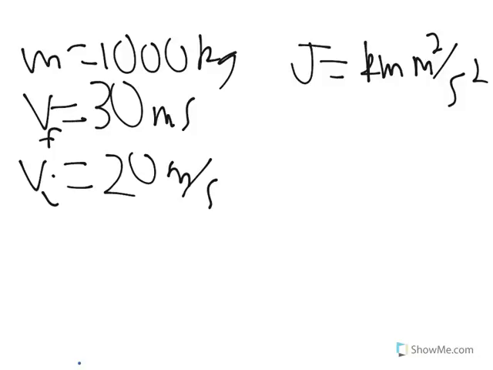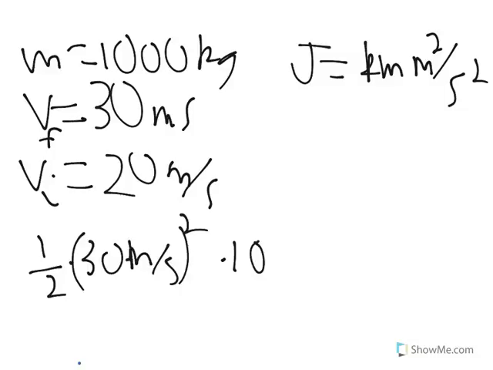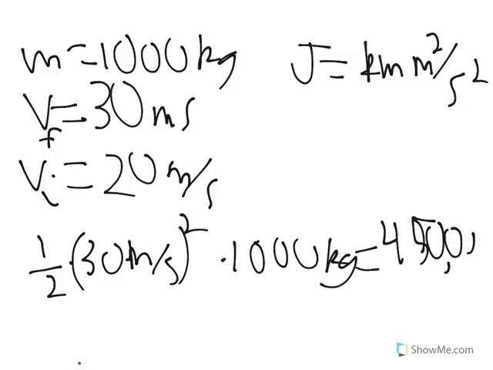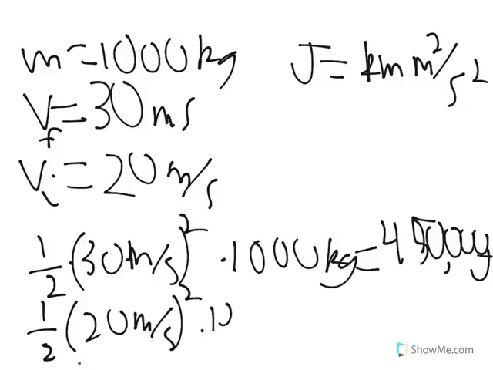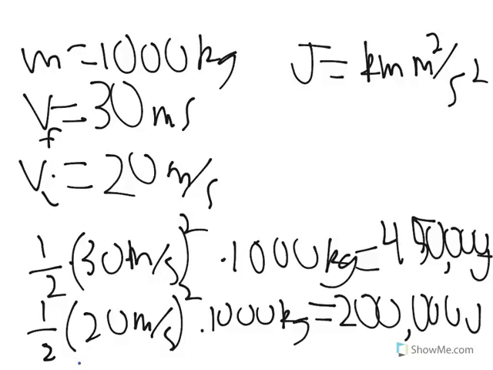So let's plug it in. 1/2 times 30 meters per second quantity squared times 1,000 kilograms is 450,000 joules, whereas 1/2 times 20 meters per second squared times 1,000 kilograms is a simple 200,000 joules.